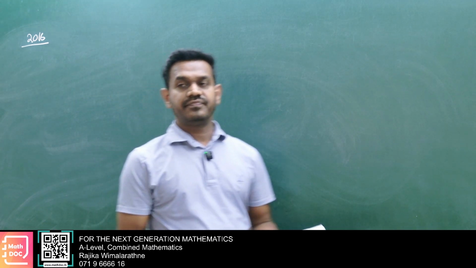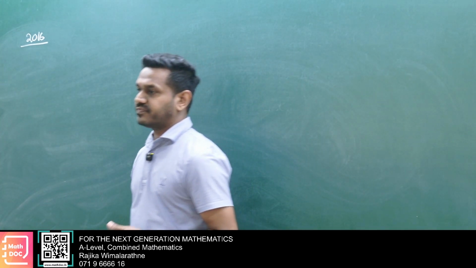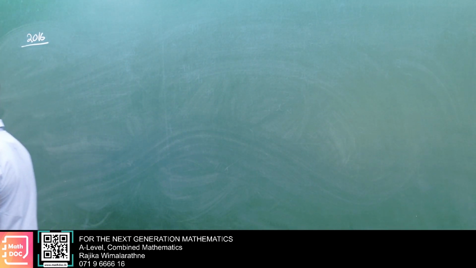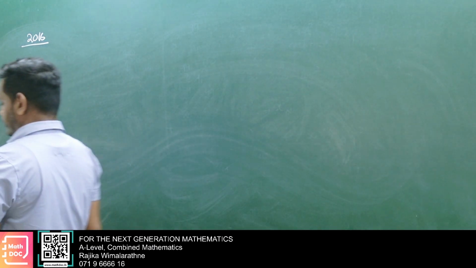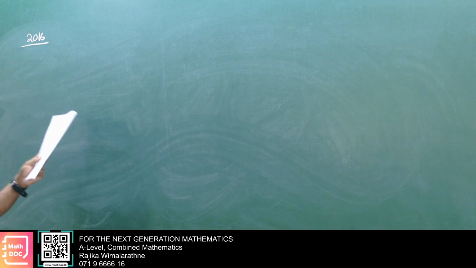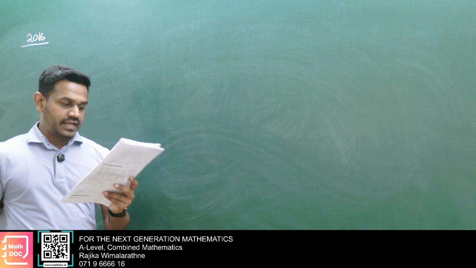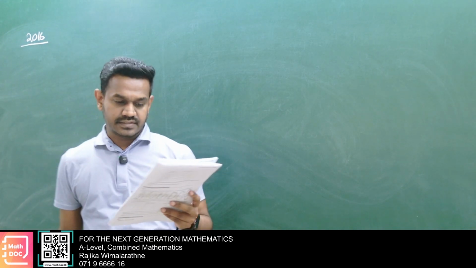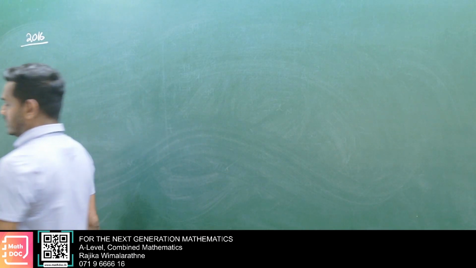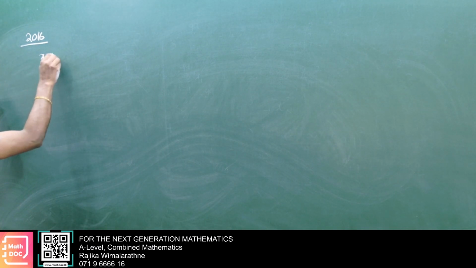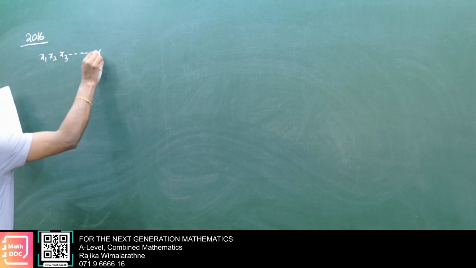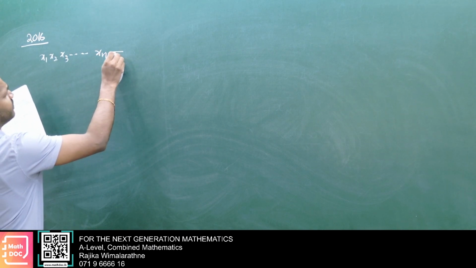Okay, read it well. The mean and standard deviation of n numbers are mu1 and sigma 1. Here x1, x2, x3, up to xn, n elements.